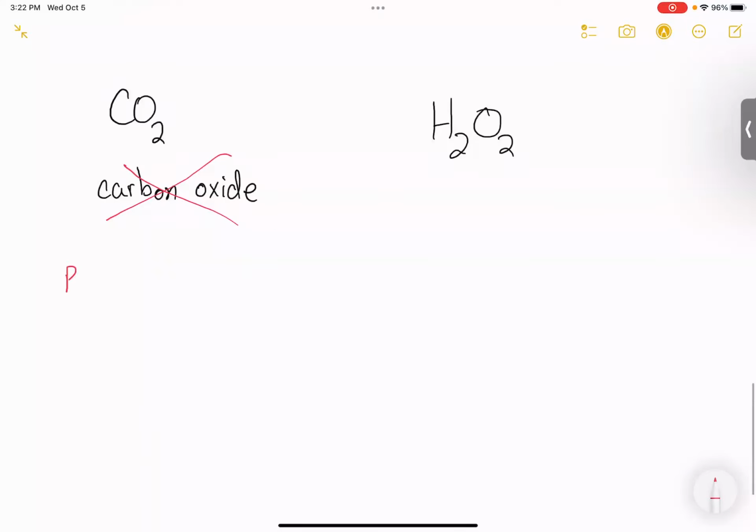So with binary covalent molecules, we will use a prefix system.